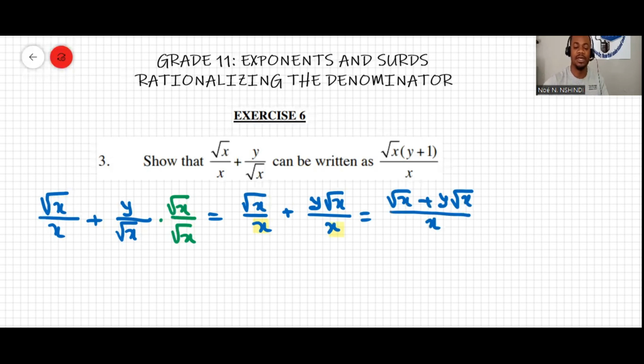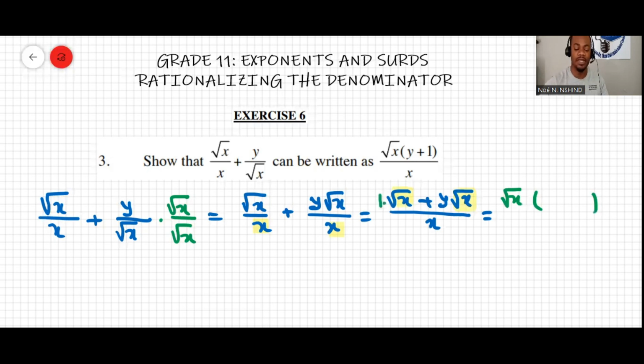Now note that here we have root x, and there is also root x, so we can take root x as a common factor. If I take root x out, note that root x can be written as 1 times root x.